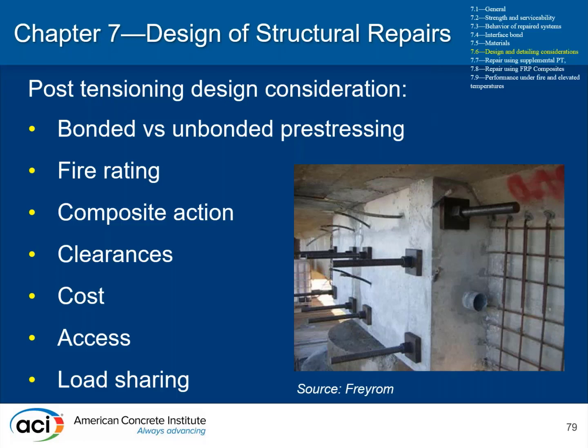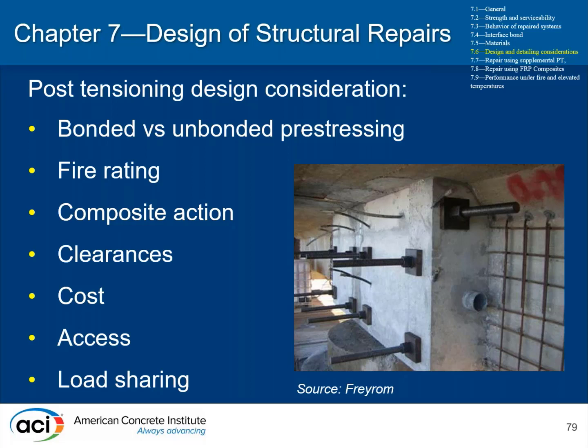Obviously, there's consideration for bonded and unbonded pre-stressing, in terms of looking at the existing conditions, whether it's a pre-stressed member that's potentially a precast member that has bonded tendons, or if it's unbonded pre-stressing from unbonded post-tension structures that are cast in place. It can be very important to evaluate that and understand how the deterioration mechanisms might impact repair of those structures.